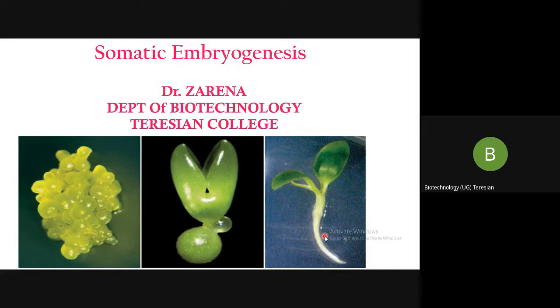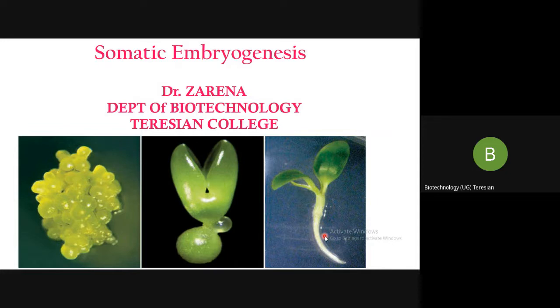Somatic cells are any cells of the body except the germline. Germlines are what? They are the egg and the sperm that is formed by sexual reproduction. They form the gametes and then they form the zygotic embryo. Leaving apart these germ cells, all other cells are the somatic cells.